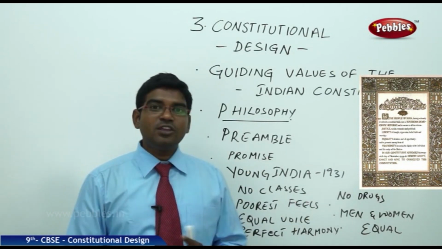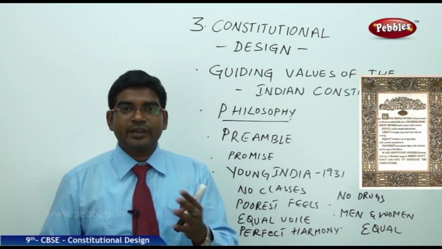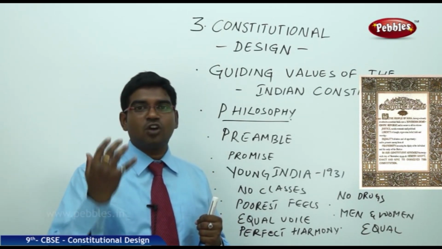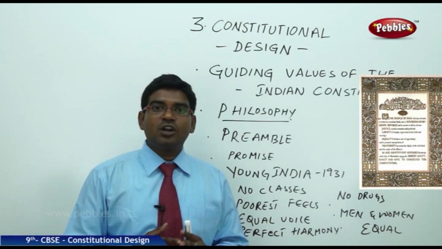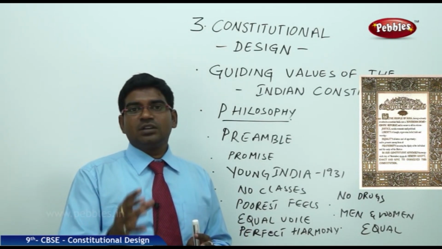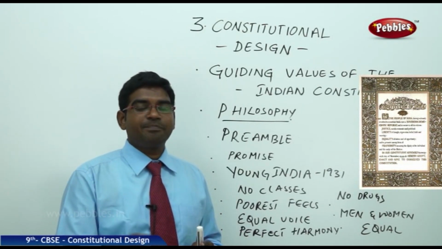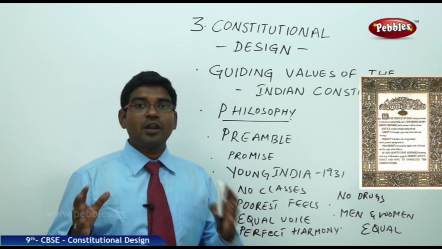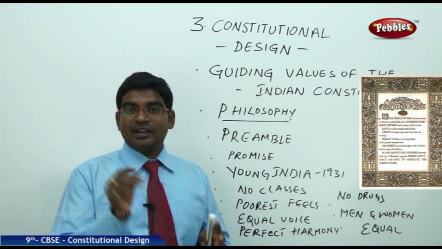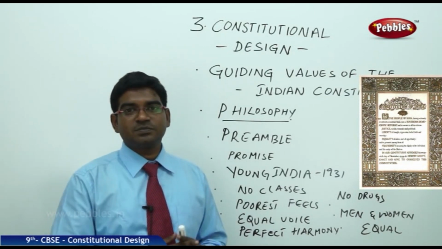He did not want young children, aged people, or adults to be affected by intoxicating drugs or drinks, and he did not want any discrimination against women. He wanted equal respect for women on par with men. This is a broad ideology of Gandhiji. That is the reason why he is rightly known as Mahatma Gandhiji.